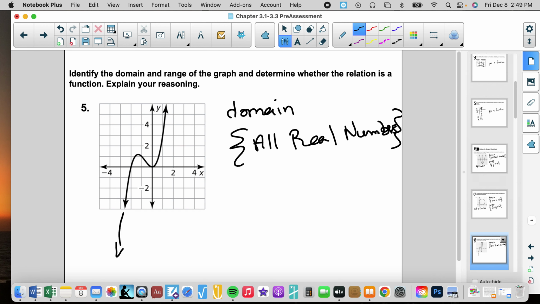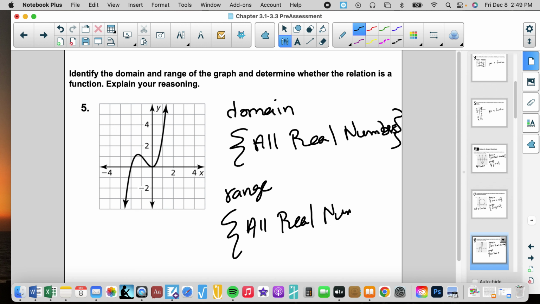And the same thing here, we are moving towards negative infinity. We'll get there. So the domain is all real numbers and the range is also all real numbers, because we will definitely go to positive infinity and negative infinity. And that's what our range deals with, our y values, our outputs.